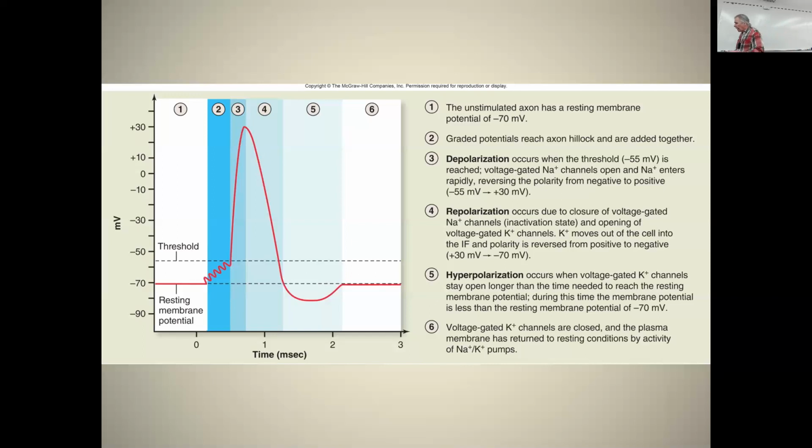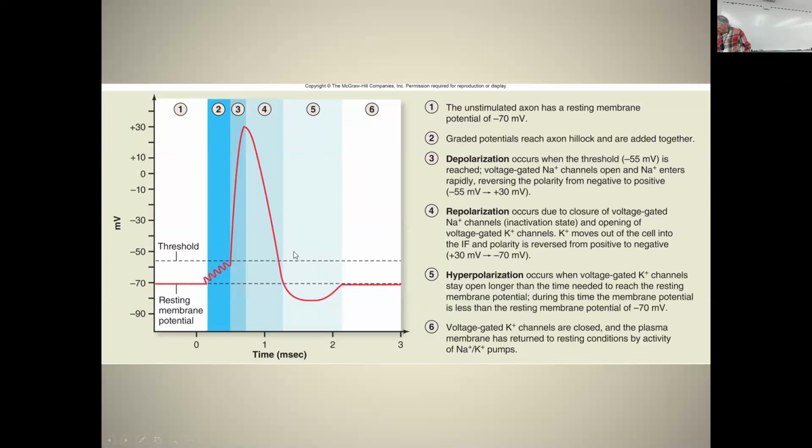And the thing is, potassium gates are slow to open, and they're also slow to close. So they get back down to minus 70, but they're still partially open because they haven't quite closed yet. So a little more potassium leaves than should, and you get what's called after hyperpolarization. But then the potassium gates close, and we get right back to resting membrane potential.